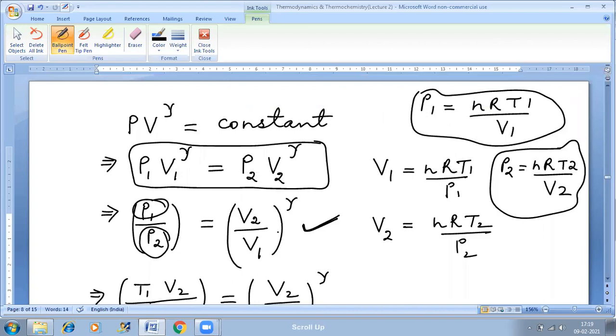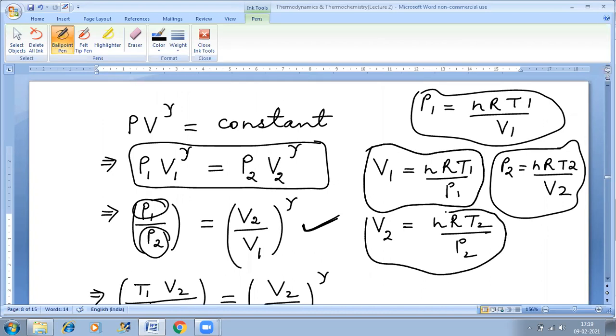And now if I want to eliminate volume, that is if I want a relation in terms of pressure and temperature, then I can use V1 as nRT1 upon P1 and V2 as nRT2 upon P2.